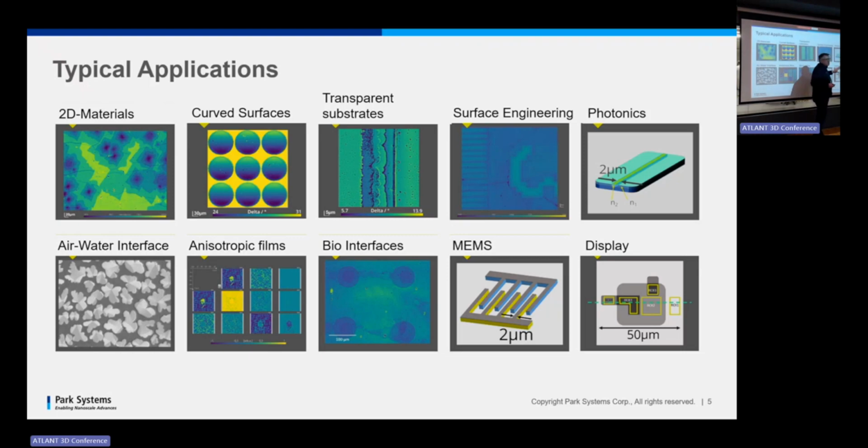We have applications in surface engineering. For us, atomic layer deposition is one of these types of applications in the field of surface engineering. We have photonics, where you can measure the optical properties of a waveguide, even a microscopic waveguide. We come from the water interface.